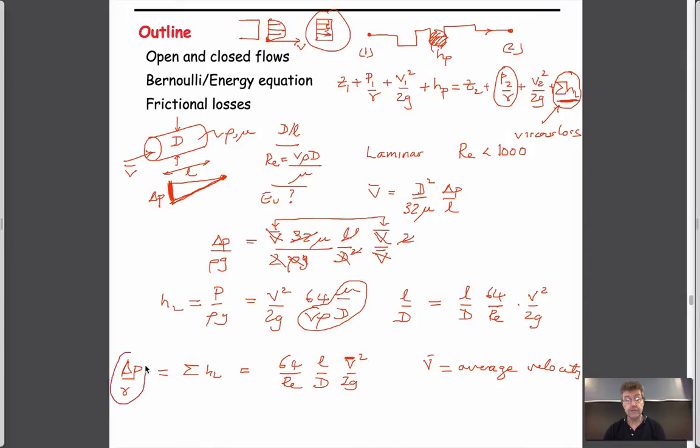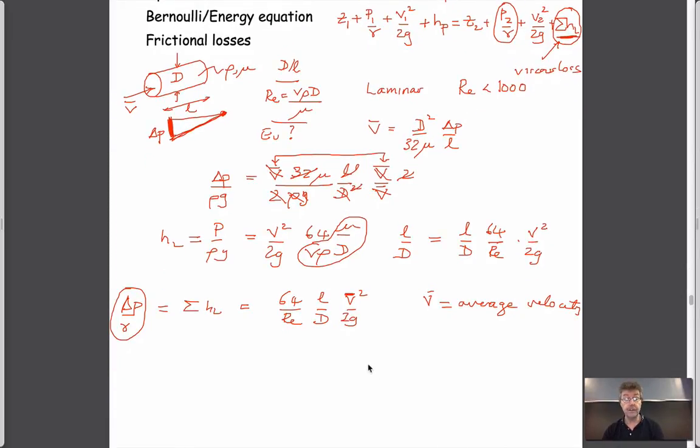And so this is the pressure that you apply to be able to deal with this. This is the loss that occurs due to the fluid flowing at any given velocity. And I guess if you wanted to think about physically what it is, you could think about it this way.